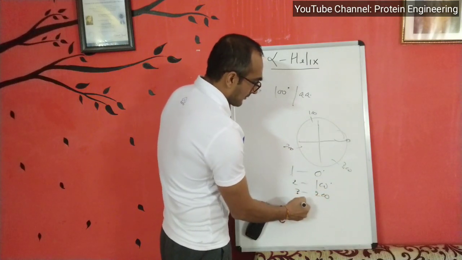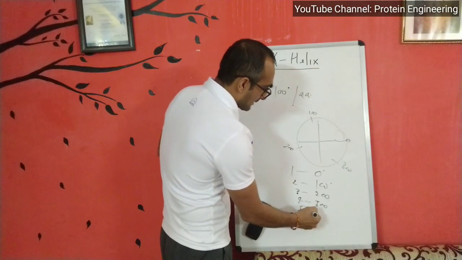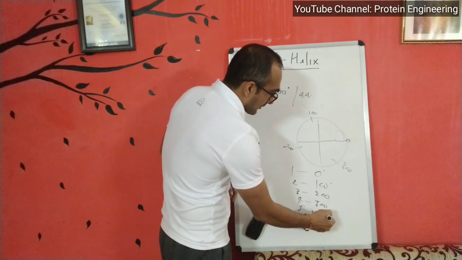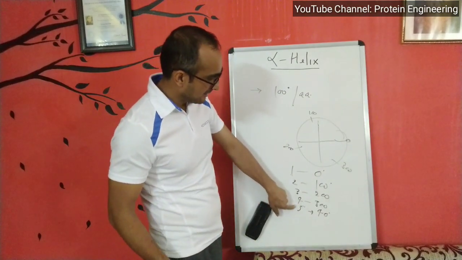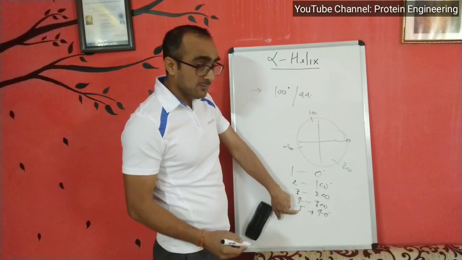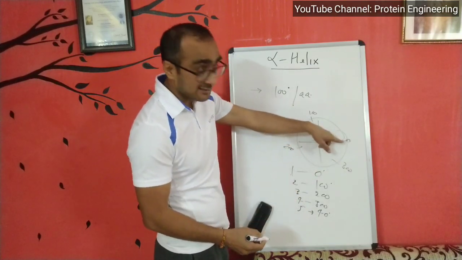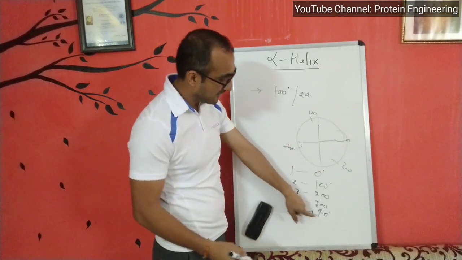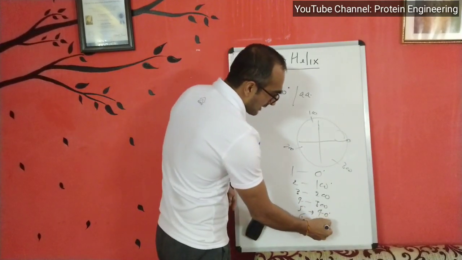The fourth is at 300, so the fifth will be at 40 degrees, because it completes at 360. The fifth amino acid will be at 40 degrees, the sixth will be, adding 100 again, 140, and so on.